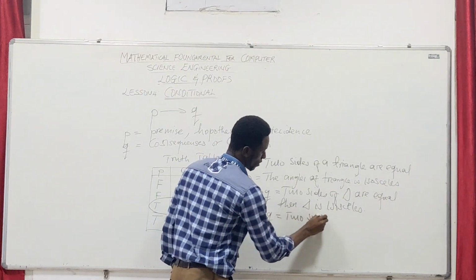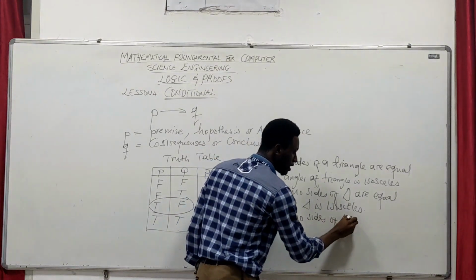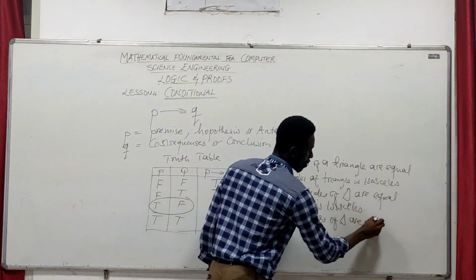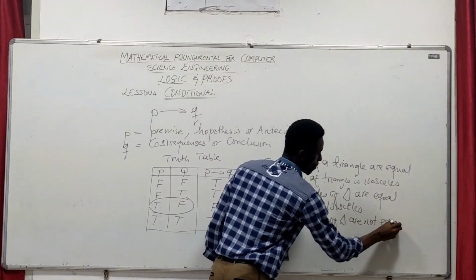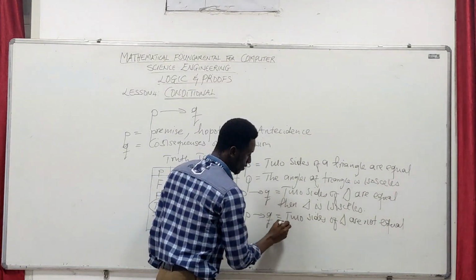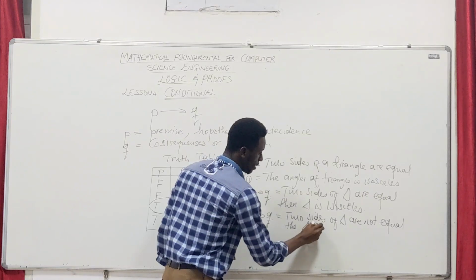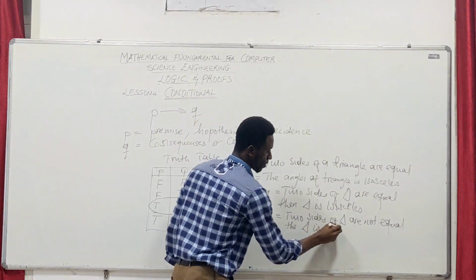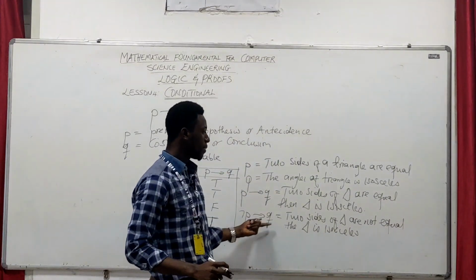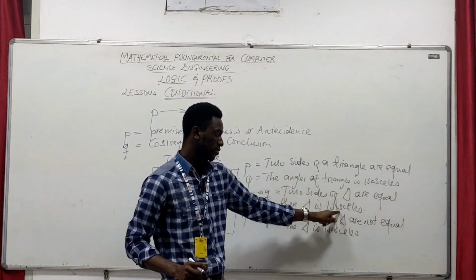Take note of this: are not equal, and the triangle is isosceles. Because Q says the triangle is isosceles.